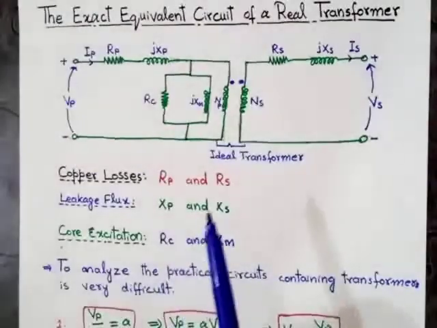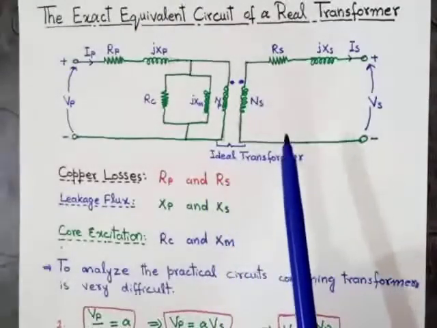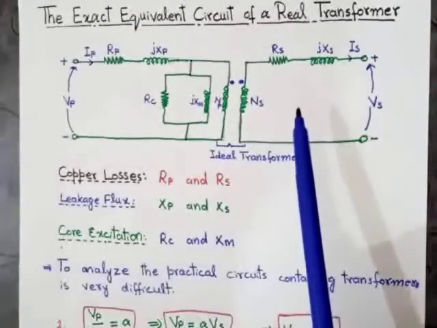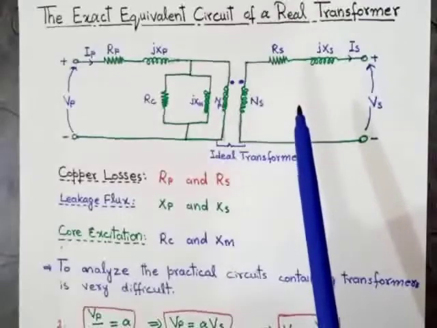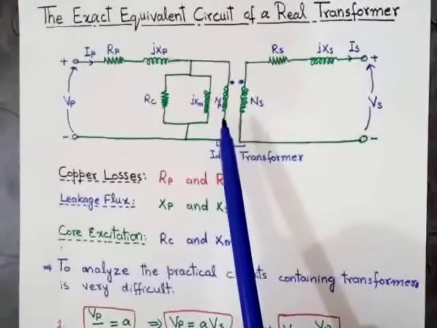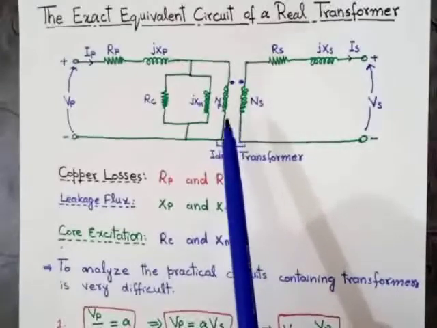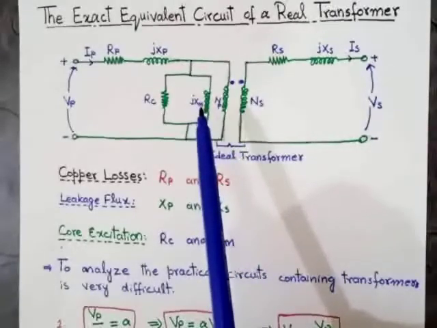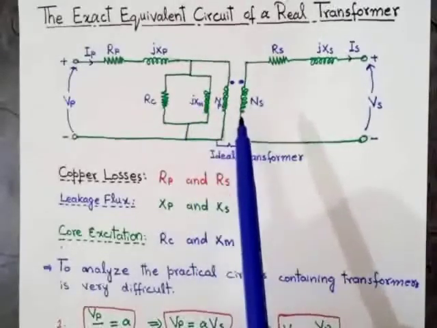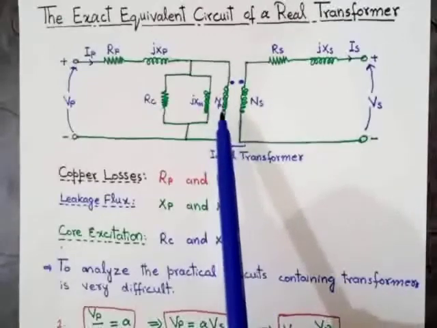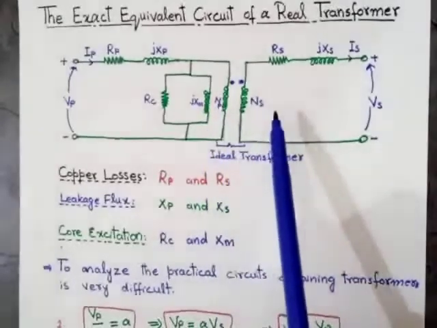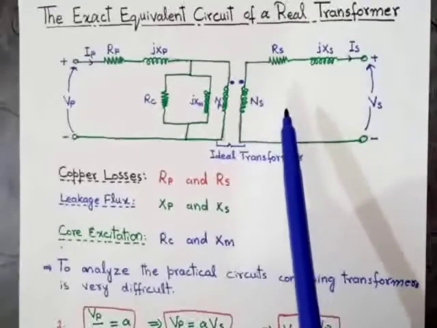So the equivalent circuit based on these parameters, that is, copper losses, leakage flux, and core excitation effect, is shown here. As you can see in this diagram, there are two main parts. The first one is the primary circuit and the second one is the secondary circuit.